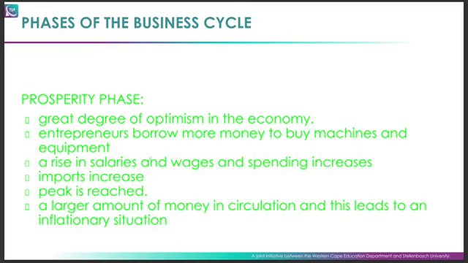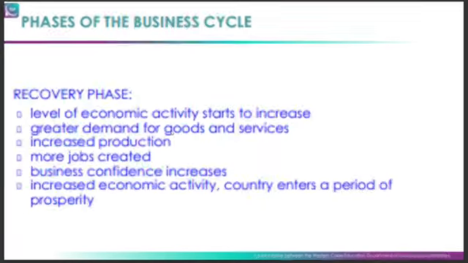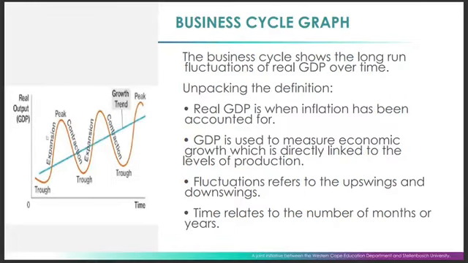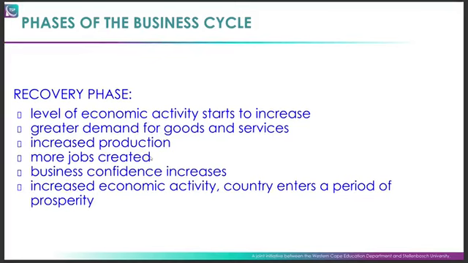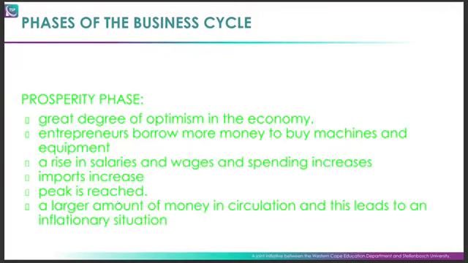If you look at where that peak is situated, after that peak we see a drop or contraction starting to take place. What happens there is, at that peak, there is a larger amount of money in circulation, which is obviously going to lead to an inflationary situation.